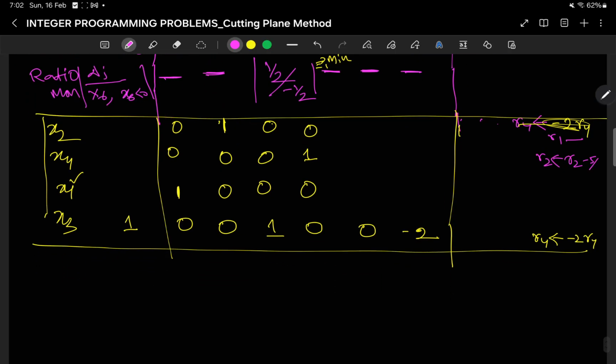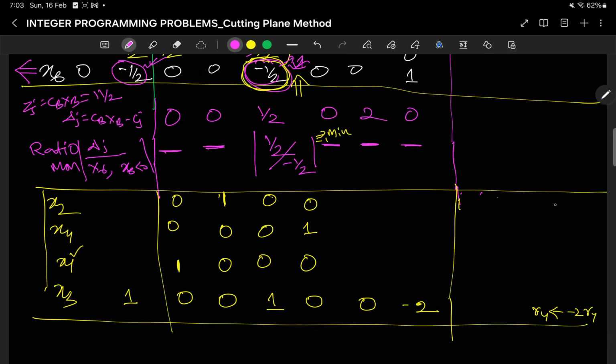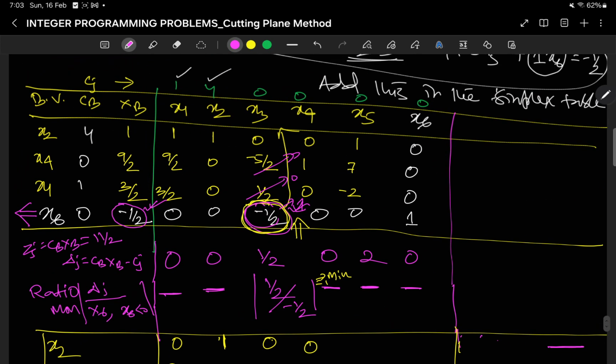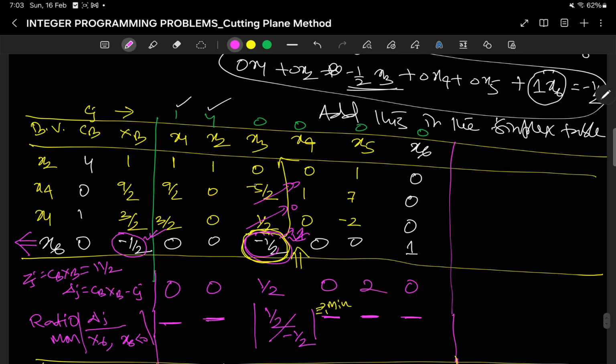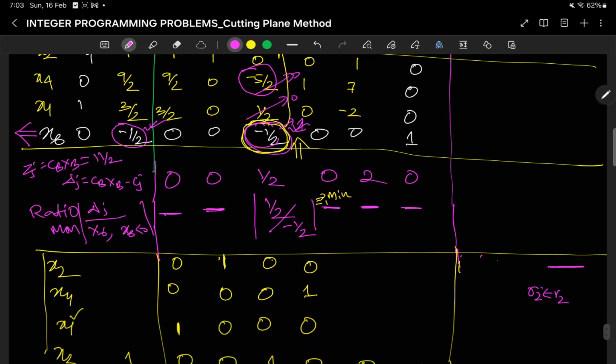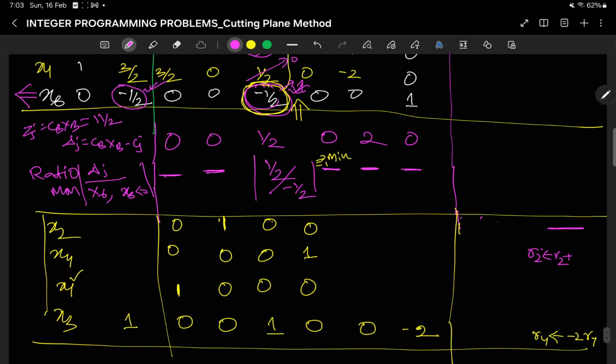Since it is minus 5 by 2, we add it, so r2 is replaced by r2 plus 5 by 2 new r4. Okay, this is new.